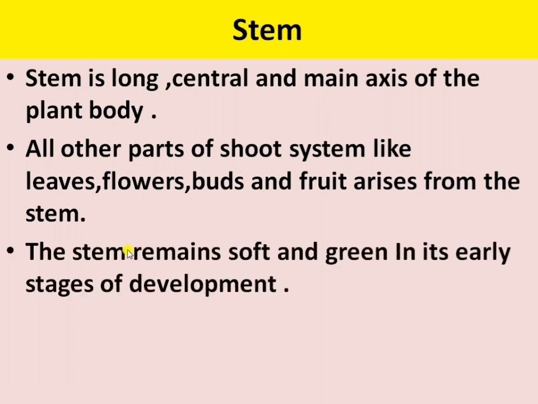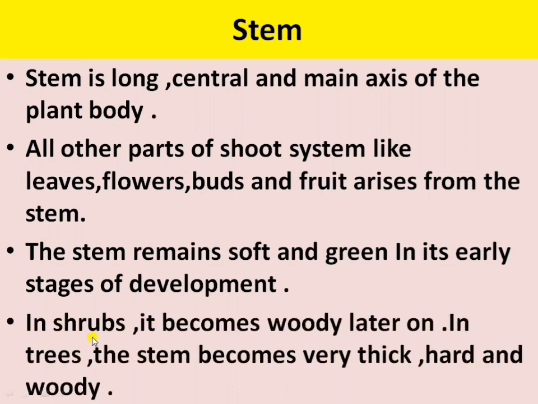In the early stages of development, the stem remains soft and green. In shrubs, it becomes woody later on, and in a tree, the stem becomes very thick, hard and woody. The stem remains soft and green in herbs.